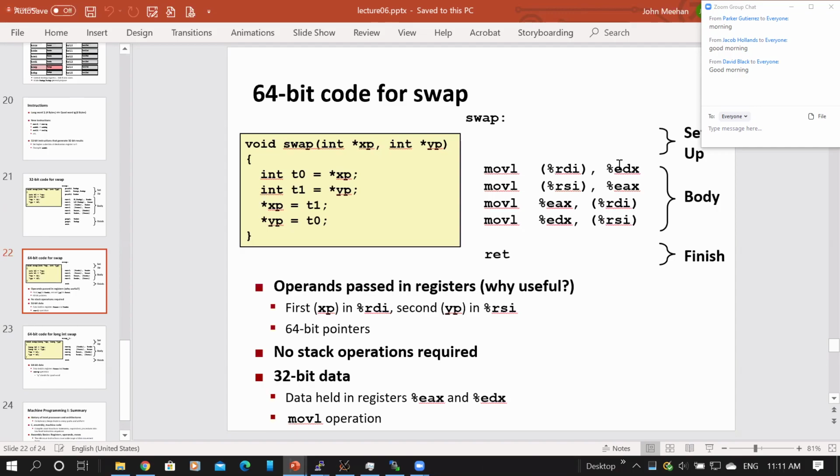Notice that we're still moving a long word because this is an integer, 4 bytes, right? We're picking up 4 bytes out of memory, putting it in the EDX register. Now, the second parameter is in the RSI register. So we're picking up 4 bytes and putting it in there, and then we just stuff them back into the opposite places like we did before.